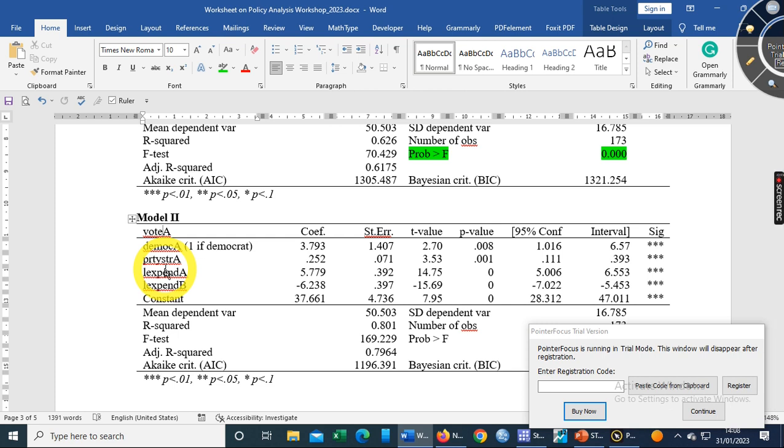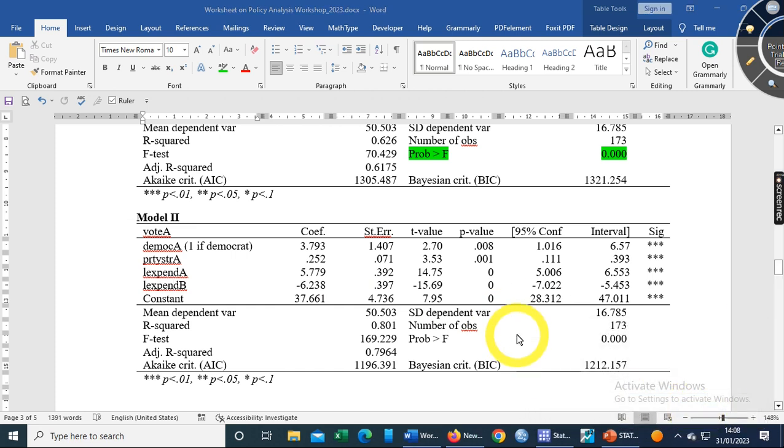So when the dependent variable is a level and the independent variables are in natural logarithms, we need to divide the coefficient by 100. Therefore, the coefficients of the natural logarithm of campaign expenditure by party A and B, which are 5.779 and minus 6.238, are going to be divided by 100.